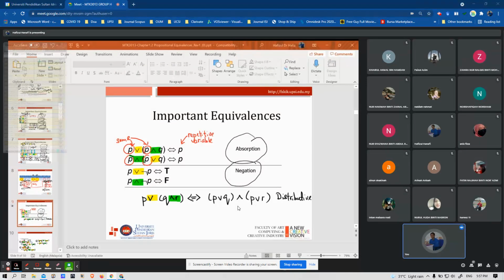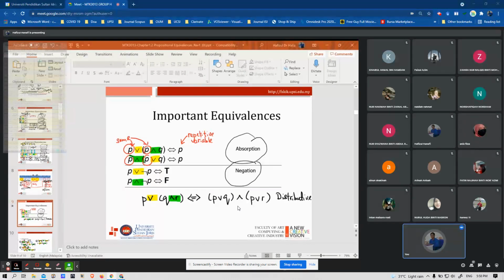Absorption is a valid argument form and rule of inference of propositional logic. The rule states if P implies Q, then P implies P and Q. The rule makes it possible to introduce the conjunction to prove.